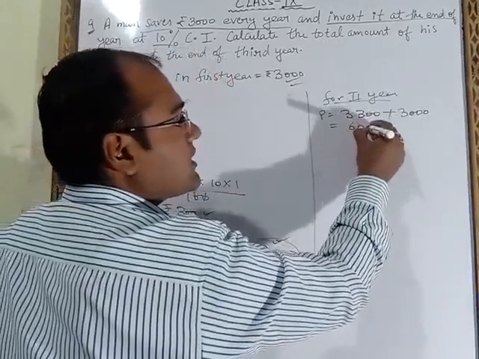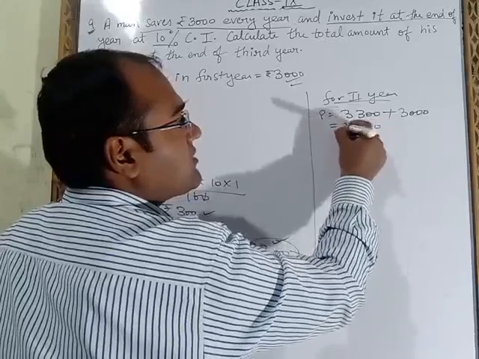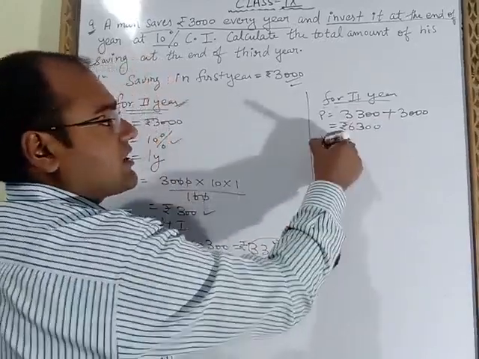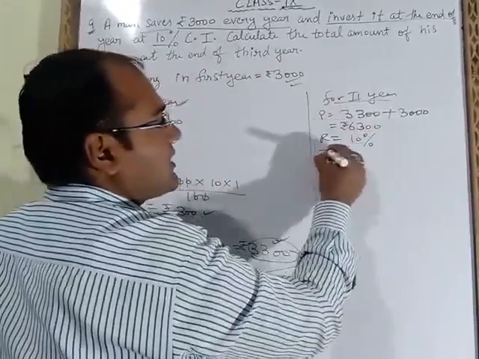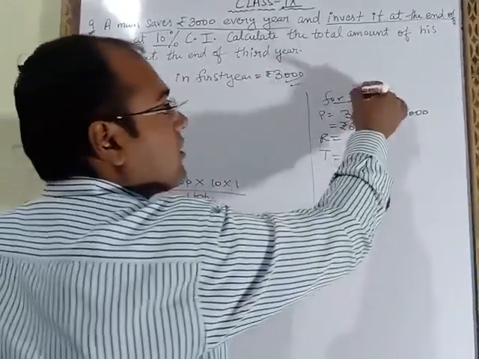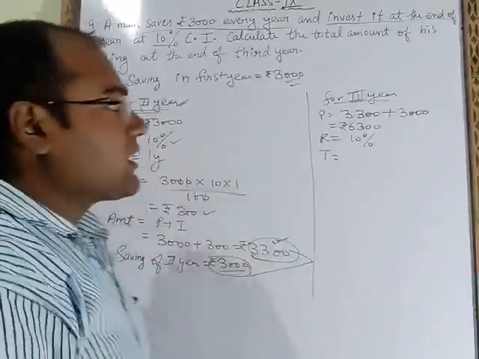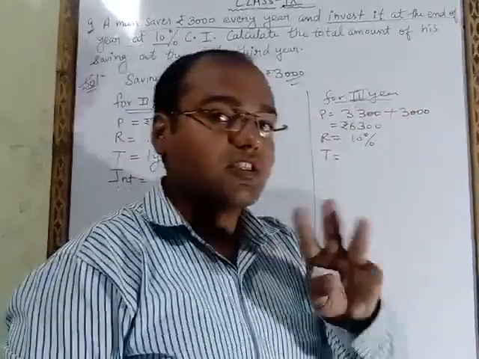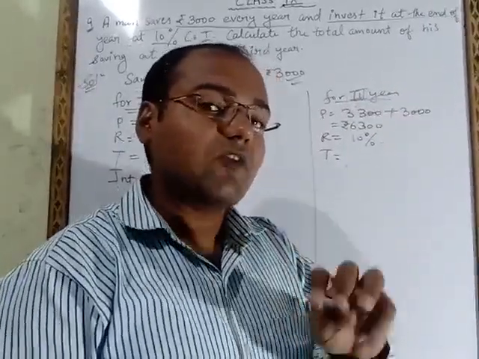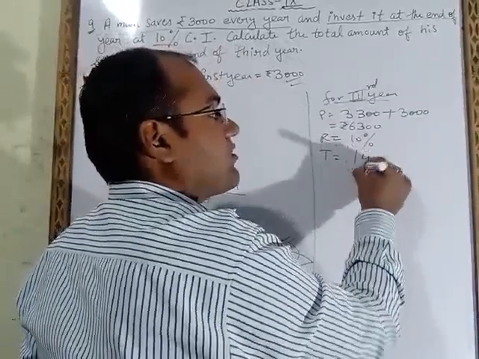So total money he is investing, 6300 rupees, and the rate is the same 10%, and time, this is for the third year, sorry, this is for the third year. For the second year we had already done. Now time is 1 year we will take. This is not for 3 years, this is for the third year, and third is only 1 year.